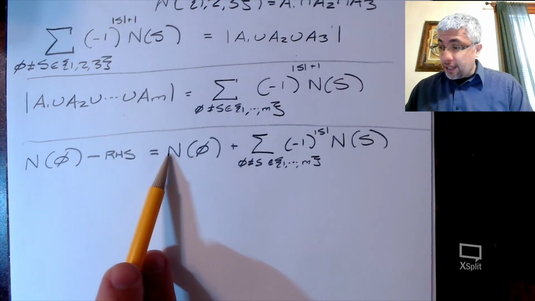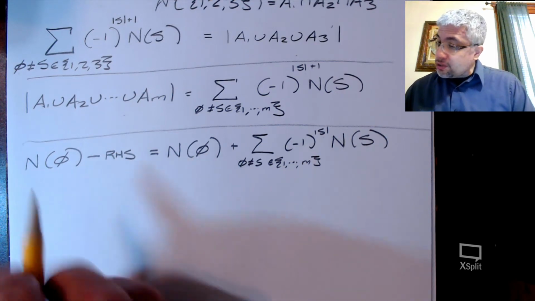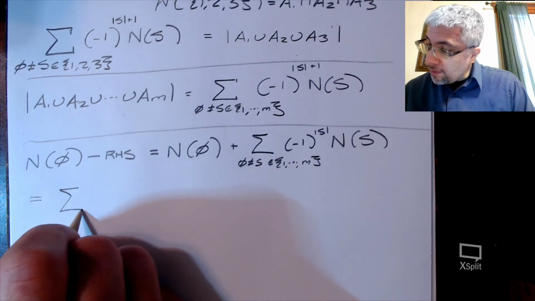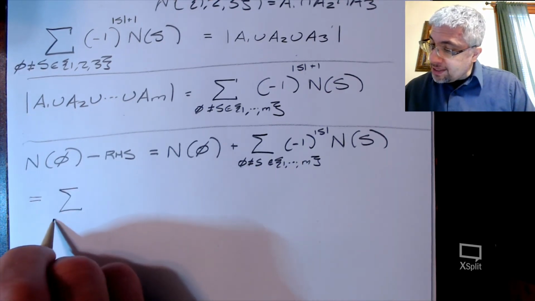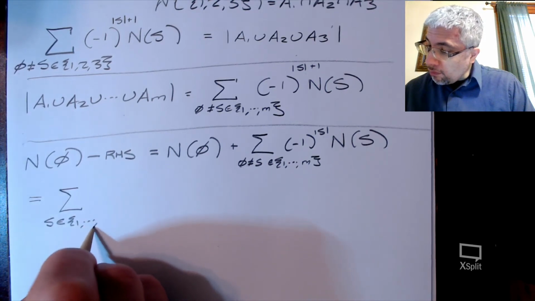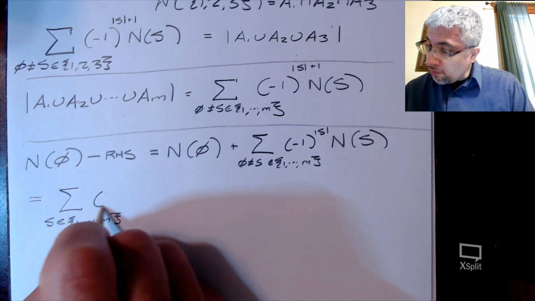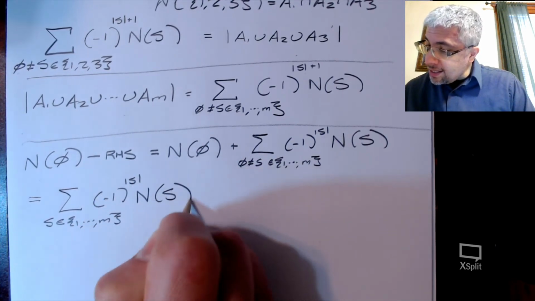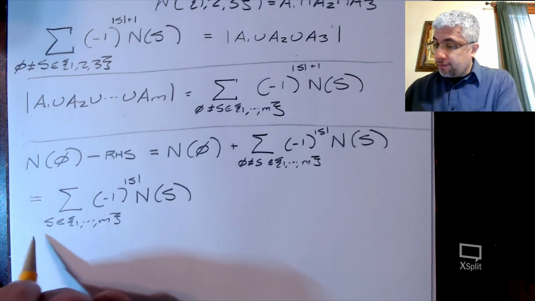I have a positive n of the empty set. So this would be equal to just this without that empty set there. And this is a very nice formula.